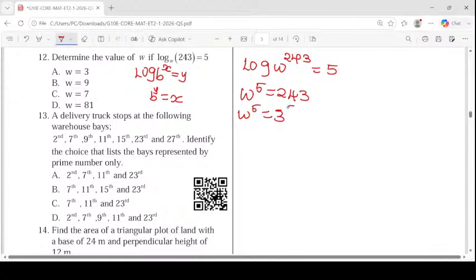We have a law that says if the powers are the same, it means the bases should be the same. So if w power 5 is equivalent to 3 to the power of 5, then the value of w is equivalent to 3, which makes choice A for apple the most correct answer.